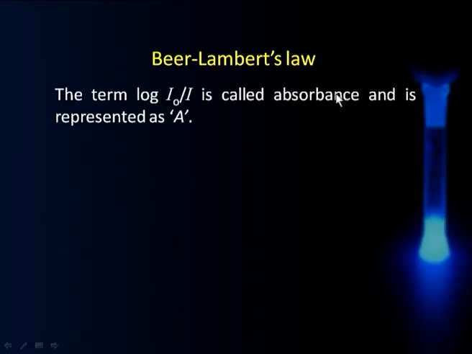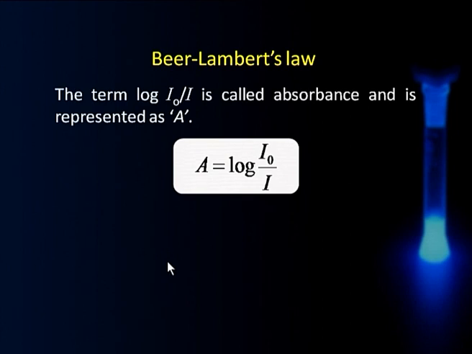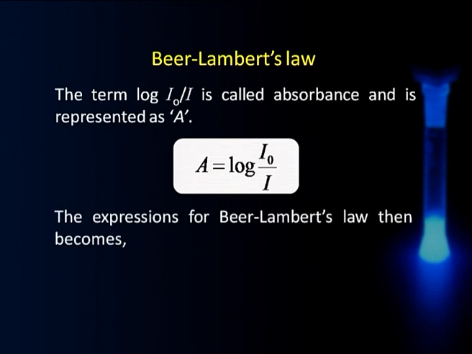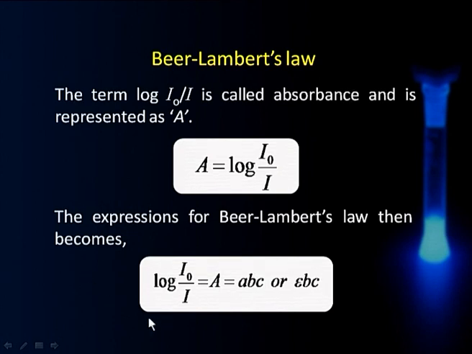a term called absorbance. The term on the left hand side, that is log I naught by I, is called absorbance and is given a symbol A. This is the way I define my absorbance, A, to be log of I naught by I. So with this, the expression for the Beer-Lambert law will become as follows: log of I naught by I, which we defined as absorbance A, is equal to ABC or epsilon BC.